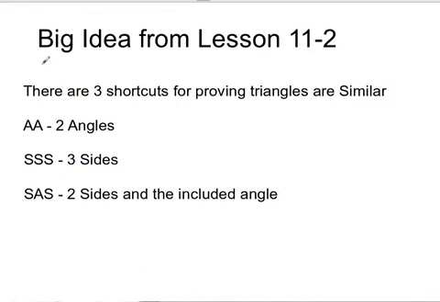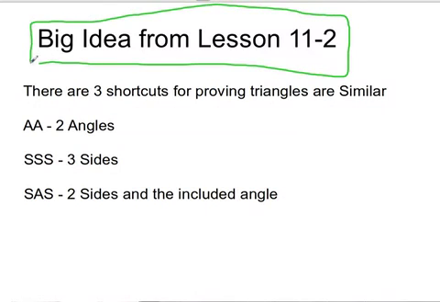The big idea from all of this, lesson 11.2 from your textbook, is 3 shortcuts for proving triangles are similar. The first one is AA, which stands for angle, angle. If 2 angles in one triangle are congruent to 2 angles in another triangle, then the triangles are similar. Second shortcut was SSS, and the one thing you need to remember there is that it's not if the sides are congruent, it's if the sides are proportional.